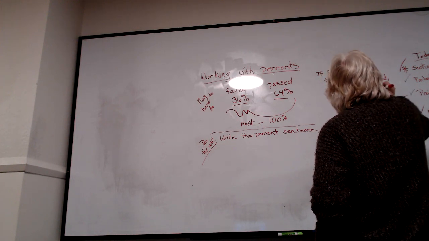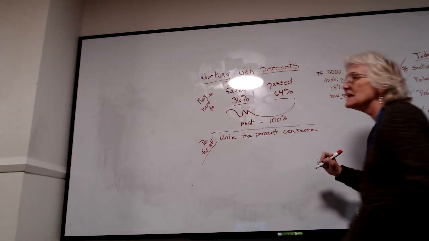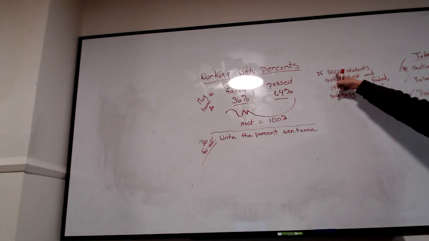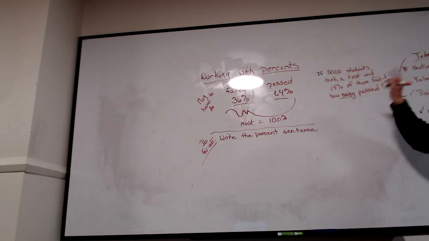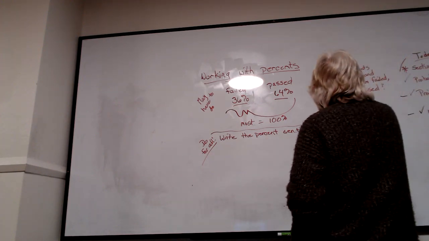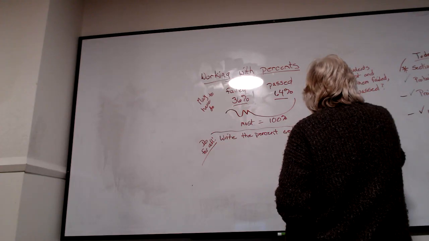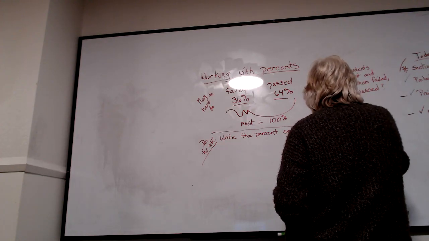This is an actual number, it's not what percent passed, but how many passed. Okay, so that's our question. So we know we have 5,000 students, right? So think of this: the part, the whole, and the percent that we're looking for.